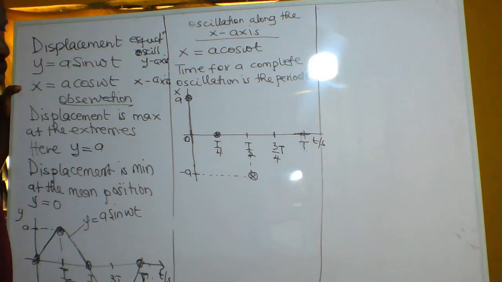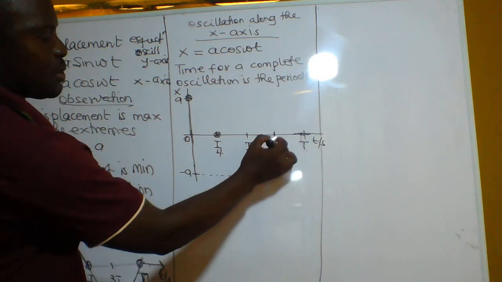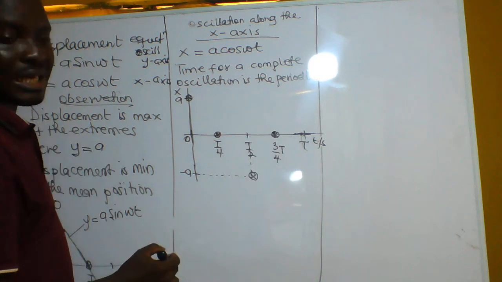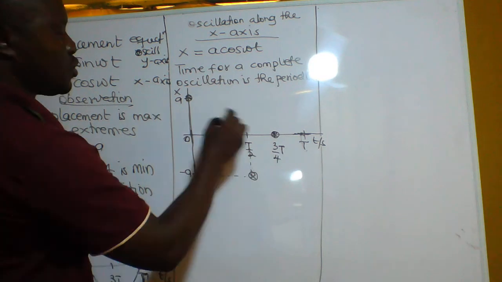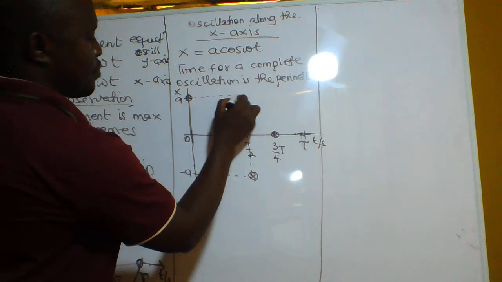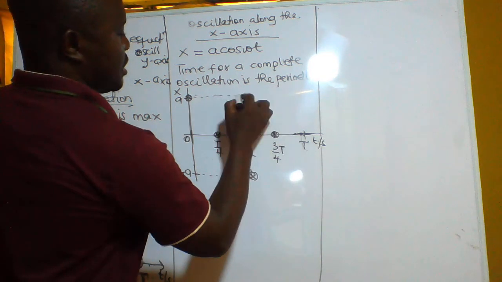Minus A. At a time t equal to 3/4 of the period, the displacement will be equal to 0. And at a time t equal to the period, the displacement will be equal to A. Let me trace it well.